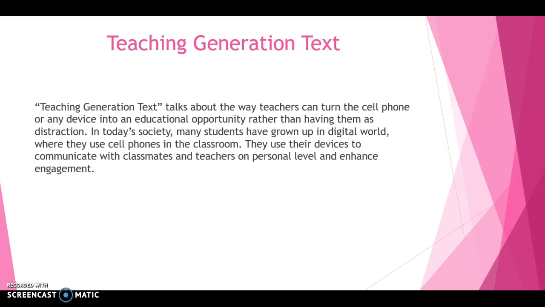In today's society, many students have grown up in a digital world where they use cell phones in the classroom. They use their device to communicate with classmates and teachers on a personal level and enhance engagement.